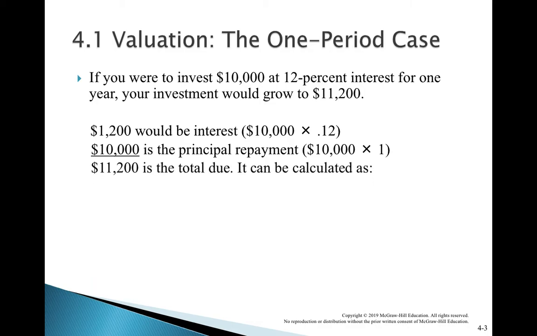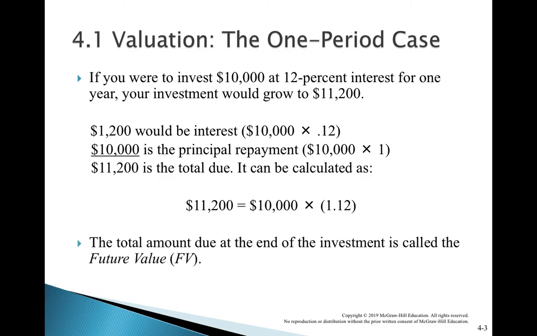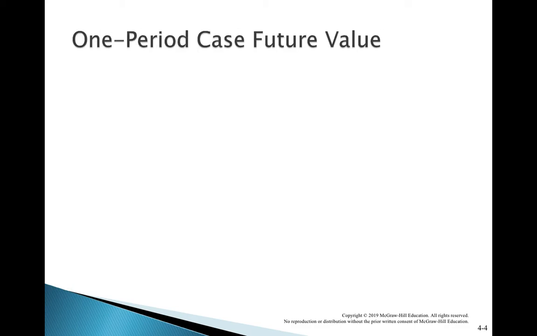So 10,000 is the present value today. The rate of interest, as I told you in the beginning, the required rate of return is always very important. So the present value here is 10,000, the required rate of return is 12%, then the future value will be 11,200. The total amount due at the end of the investment is called the future value.